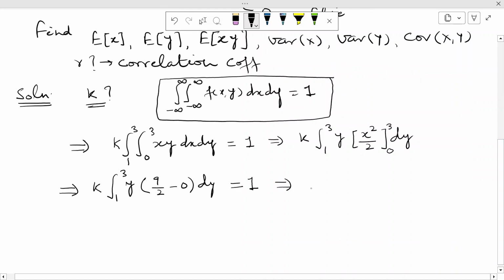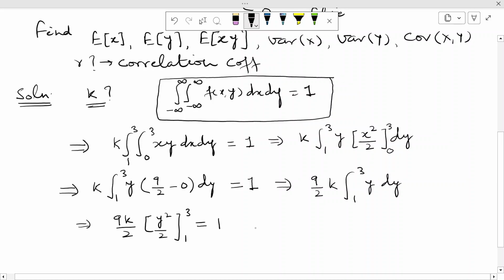Next, we take this 9 by 2 outside because it is a constant, and we have to integrate y with respect to y, and here we get 9k by 2 times the integral of y. When you integrate y with respect to y, this is y square by 2, and the limits are 1 to 3, and this is equal to 1.